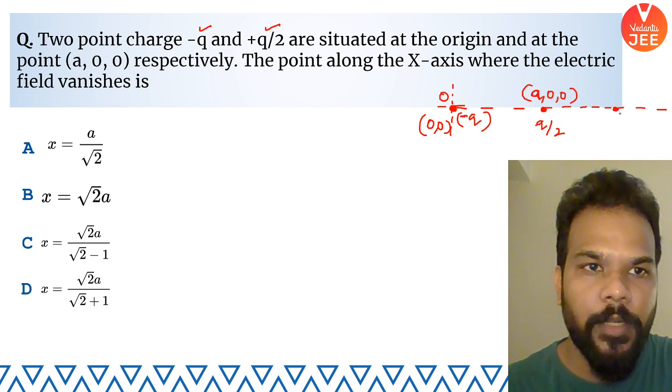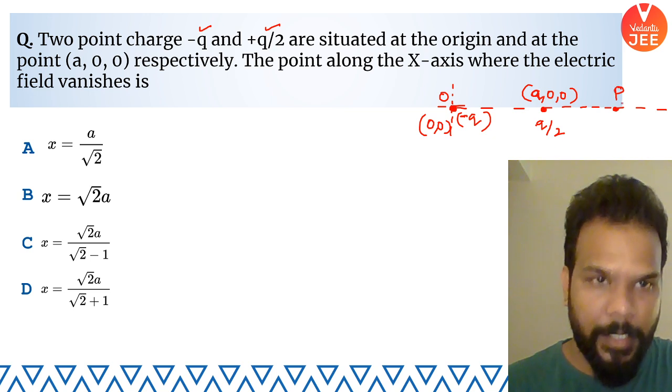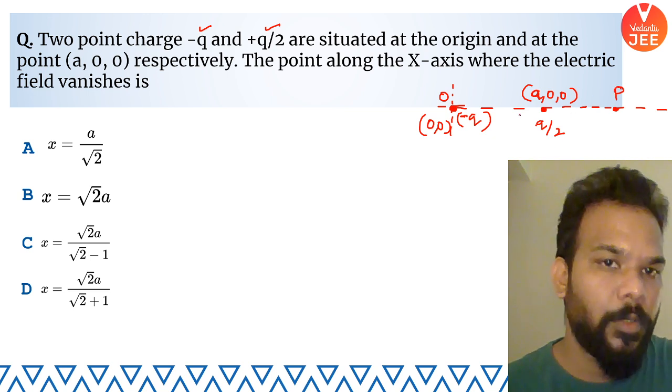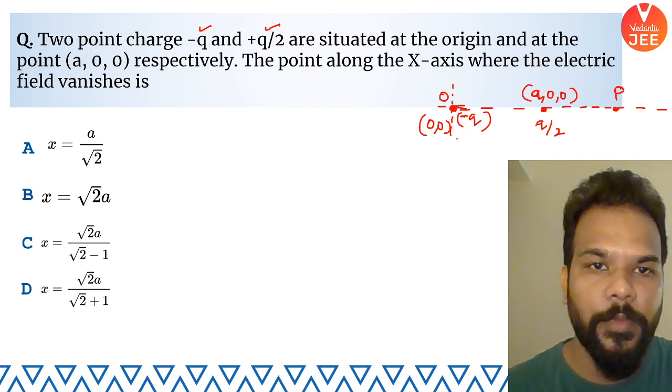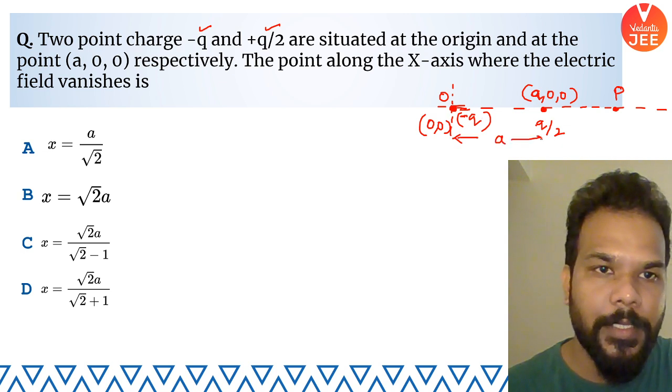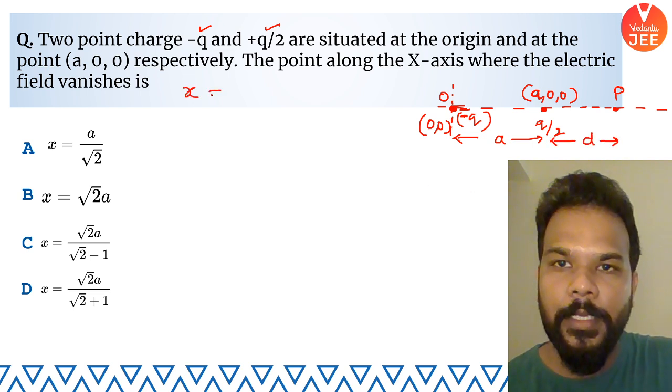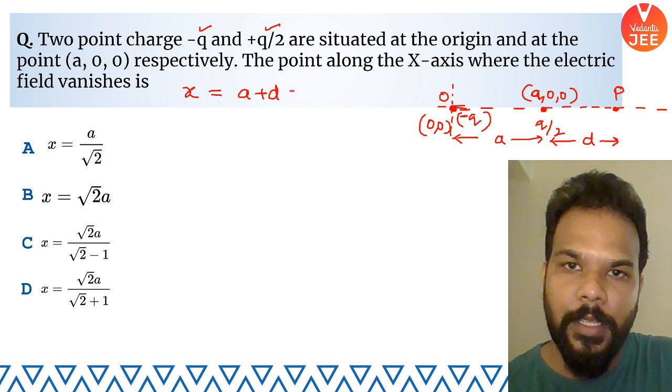Say this is the point where we want the electric field to become 0. The distance from the origin is to be found. So this gap is a, and say this gap is d. So what we are interested in is x, which is equal to a plus d.